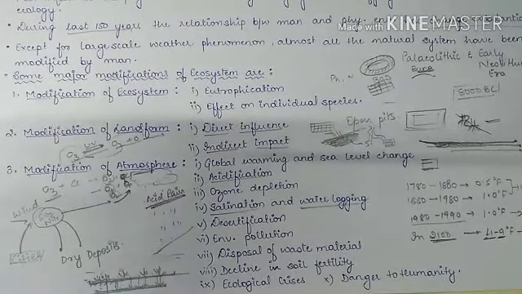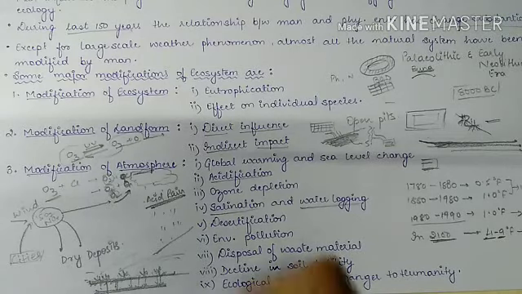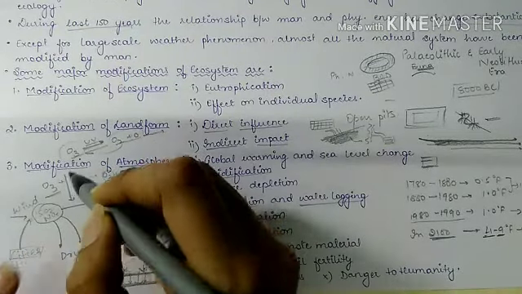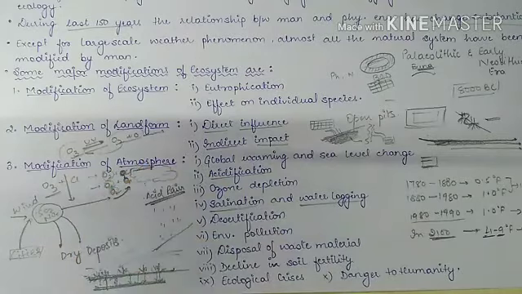This is how the ozone layer is getting depleted, and ultraviolet B radiations are able to penetrate, affecting not only the environment but also human health.